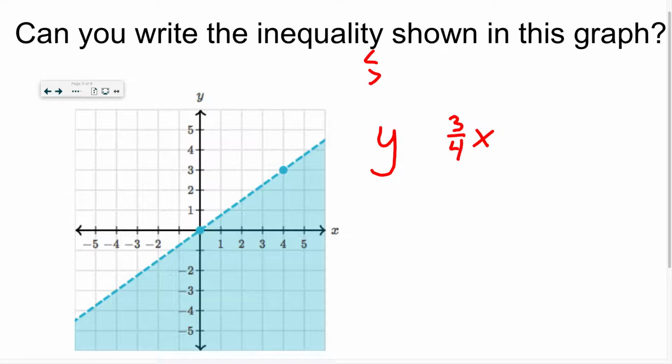How can we figure out which one we're going to put in here? What can we do to figure it out? Joanna? We can use the coordinate 4, 2. Over 4, up 2.